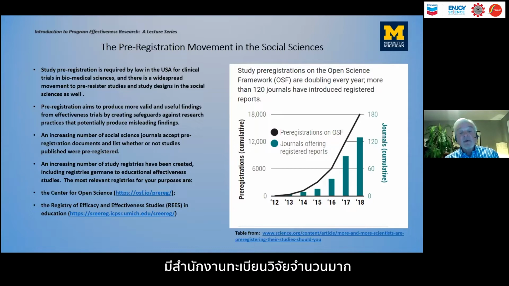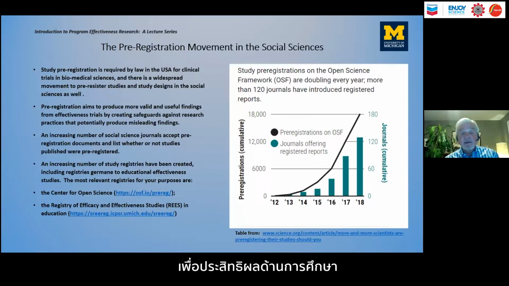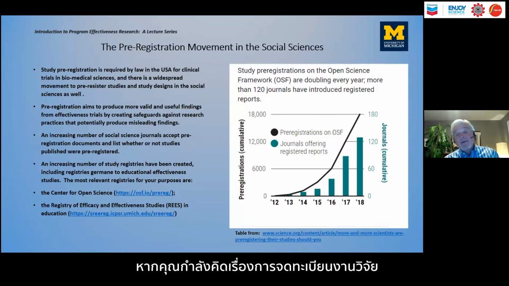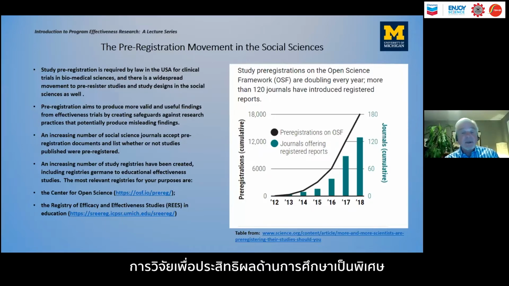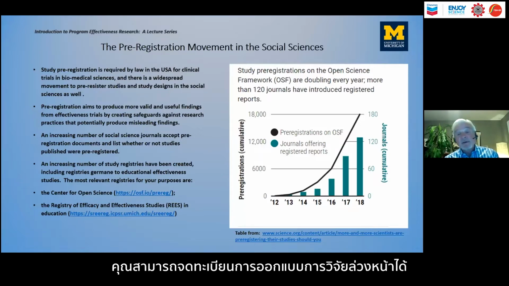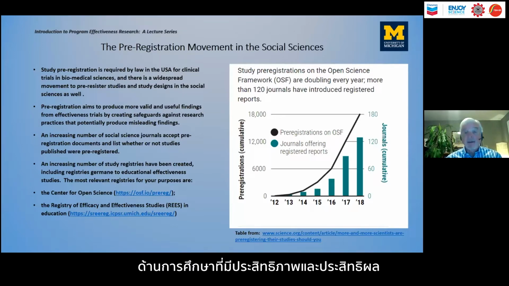Moreover, there are an increasing number of study registries that have been created, including registries germane to educational effectiveness studies. If you're thinking about registering a study, the easiest place to register is the Center for Open Science. But if you are interested particularly in educational effectiveness studies, you can pre-register your study design in the Registry of Efficacy and Effectiveness Studies in Education.